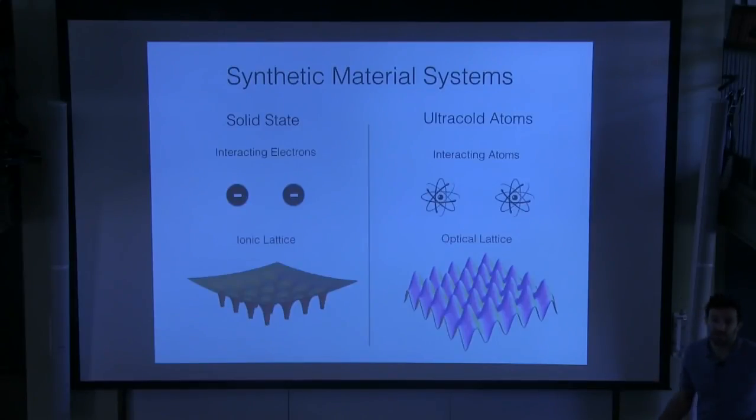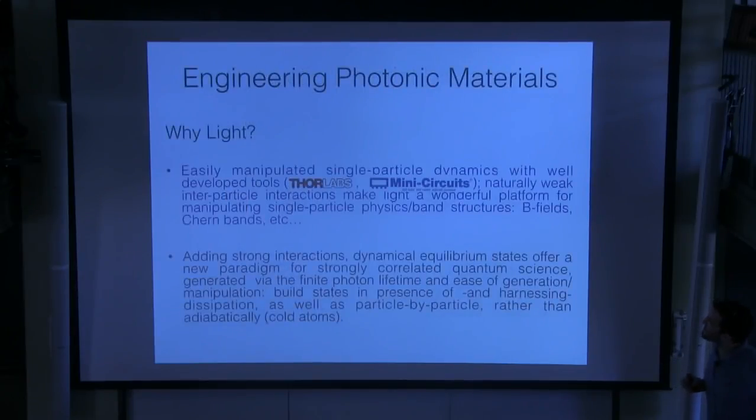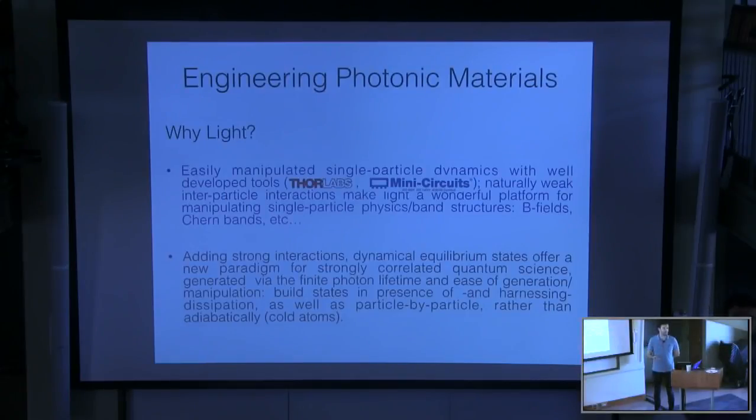And this is, of course, also where I come from. So the question to ask, really, in my mind, is why change gears and try to make materials out of photons?